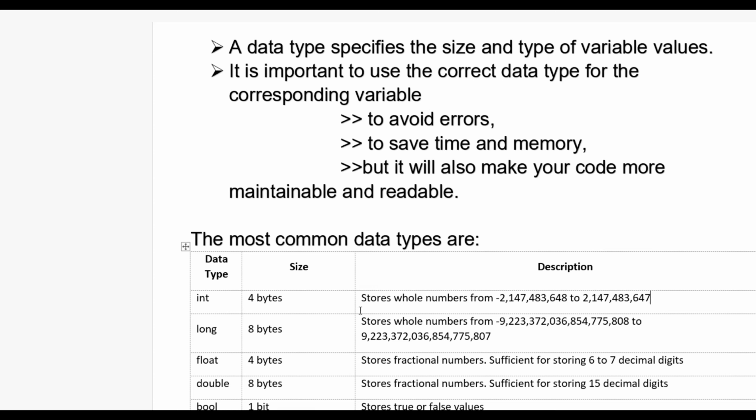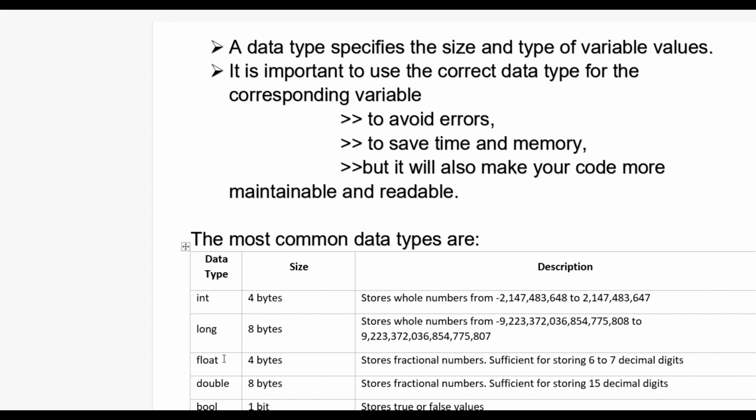In the same way, the next data type, long, is 8 bytes in size and stores a much larger range, starting from -9,223,372,036,854,775,808. That is much bigger than integer.